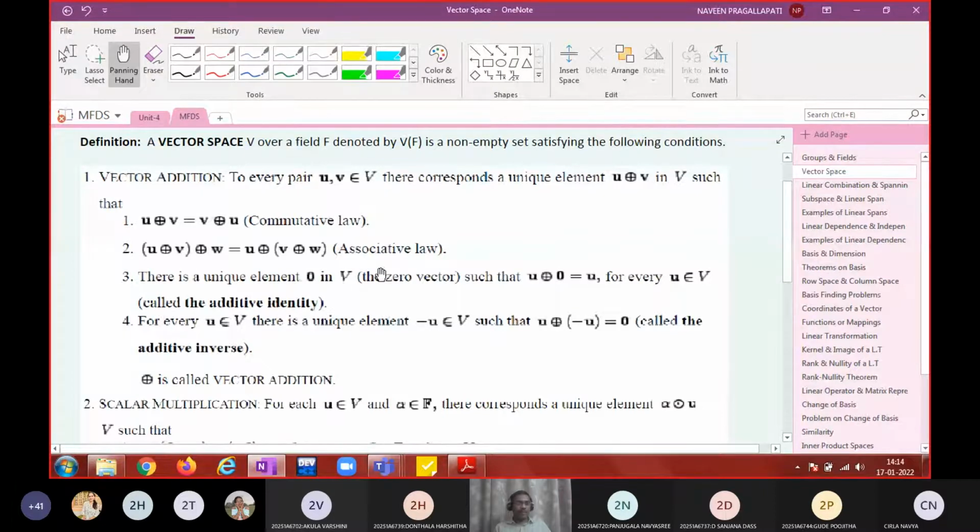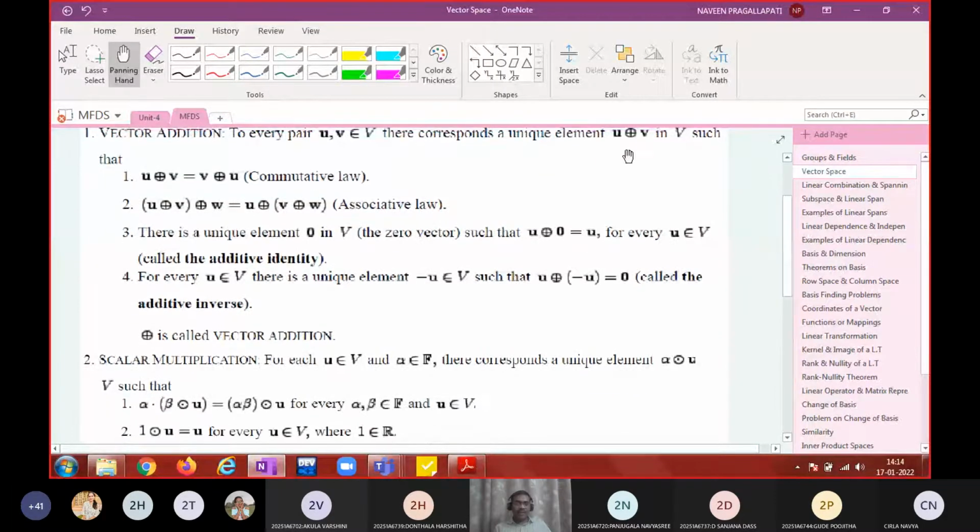For an abelian group, the set must be closed under the operation, the operation must follow the associative law, an additive identity and additive inverse should exist, and the commutative law should hold. So it has to be an abelian group with respect to the operation called vector addition.